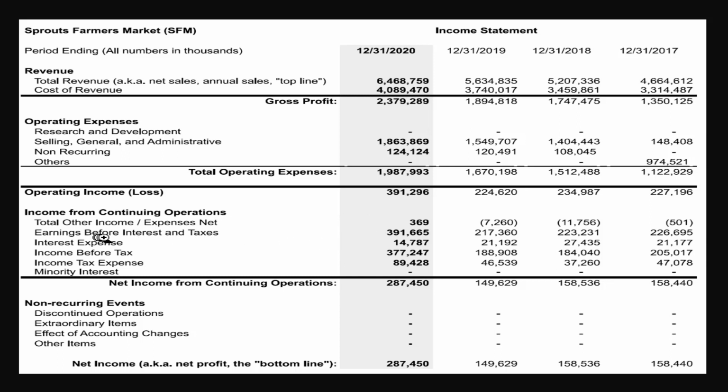And we get to our earnings before interest and taxes, because now we got to pay our interest and we got to pay our taxes. And finally, we're down to the bottom line. And notice that these extra things, that extraordinary items and the like, we don't have to worry about with Sprouts. So our bottom line, our net income, our net profit is $287,450,000. So you see that Sprouts has been doing pretty darn well, hasn't it?